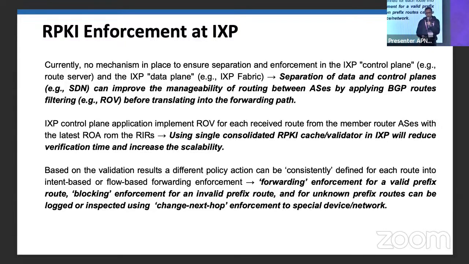By separating these two, we should be able to have a mechanism to analyze the overall situation from the control plane before we actually deploy any policy into the data plane itself.